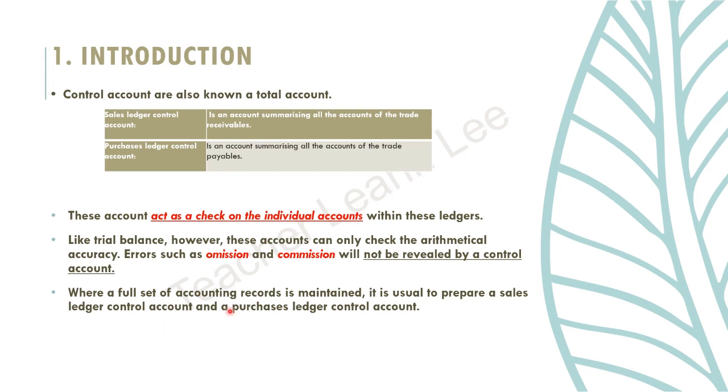Where a full set of accounting records is maintained, it is usual to prepare a sales ledger control account and a purchases ledger control account. So if your company is maintaining full set accounting, with nothing missing, then usually they will prepare the SLC and PLC for double checking.